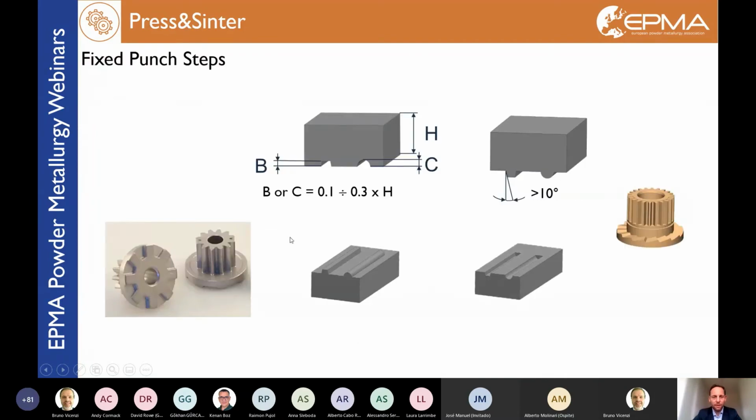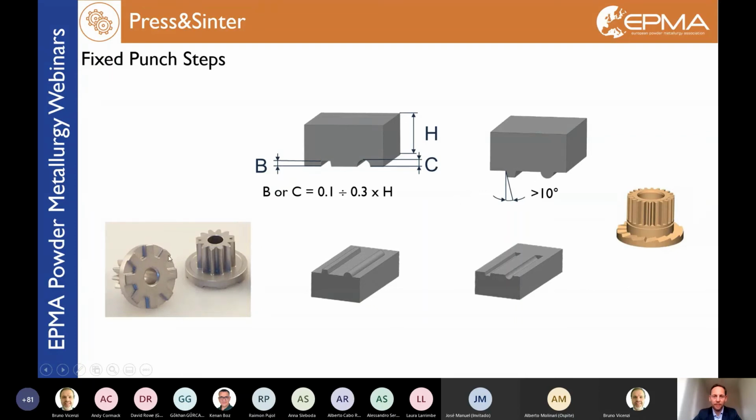A few words to the fixed steps on a compaction tool or on the punches. Some geometries need to have fixed steps on the punches, since the punch cannot be divided. They would be too thin or too small. So if you follow the following rule, first of all, you need on the fixed steps some draft angles or some radii.